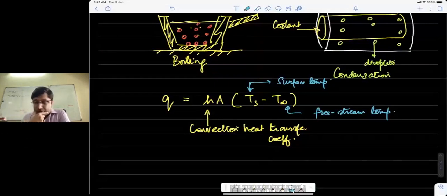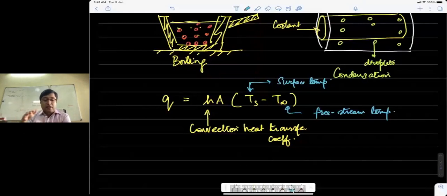Very similar to the hydrodynamic boundary layer, where the velocity near the surface is lower than the free stream velocity, which we typically define as u infinity or u naught. I don't know how you did it in fluid mechanics, but I typically say it's u infinity. So this free stream temperature is used.